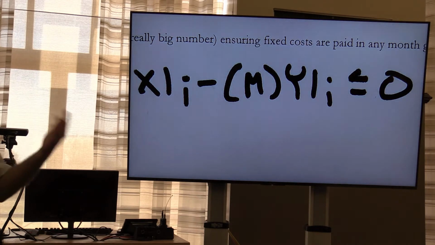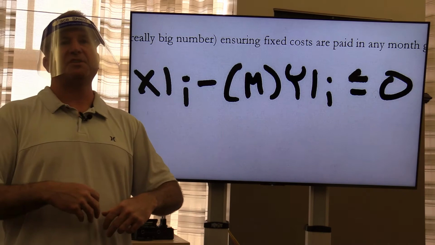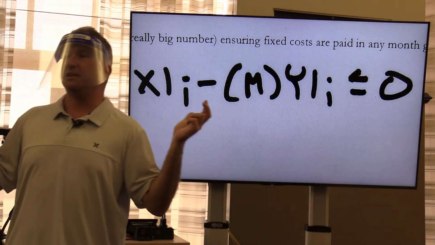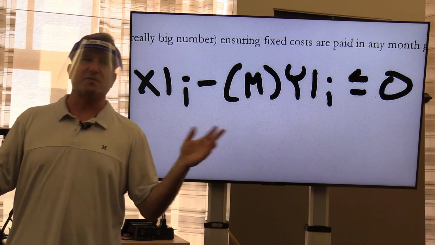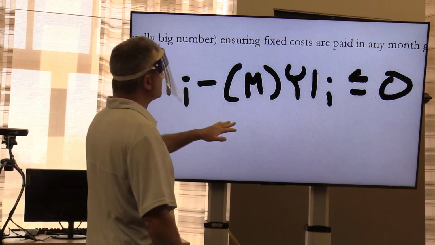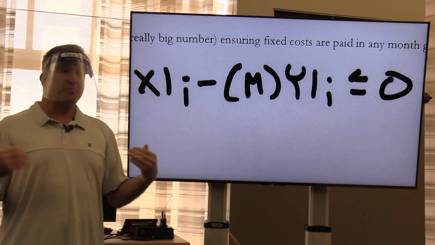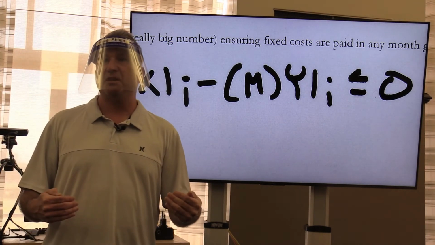If you need to know how big it is, take the total demand of any good, of all the gums of all the periods, and M just needs to be bigger than that.